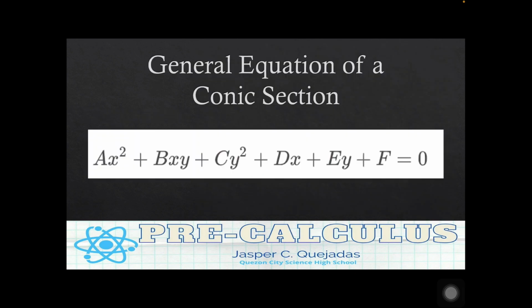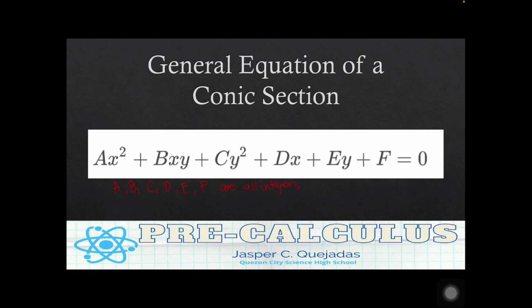So the general equation of a conic section is denoted as ax squared plus bxy plus cy squared plus dx plus ey plus f equals 0. Now a, b, c, d, e, and f are all integers.